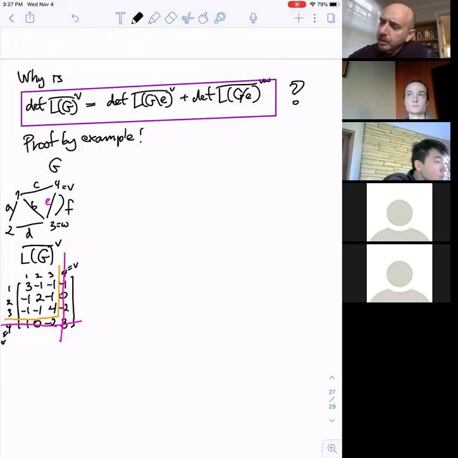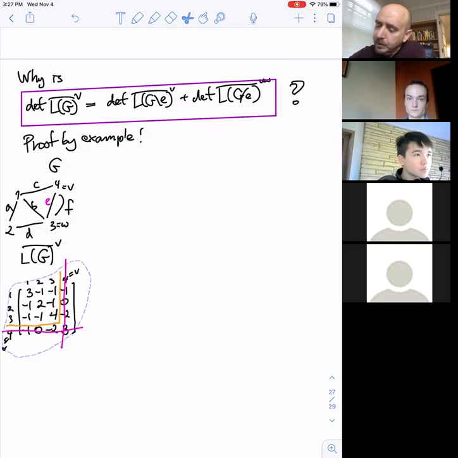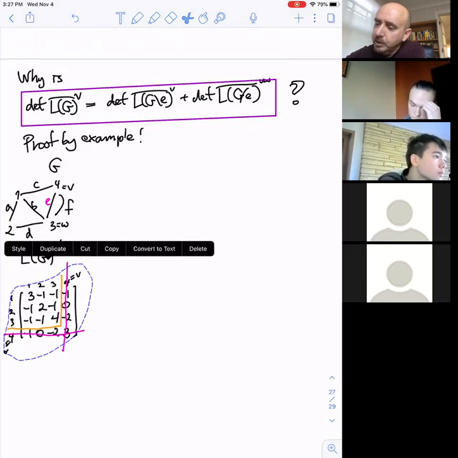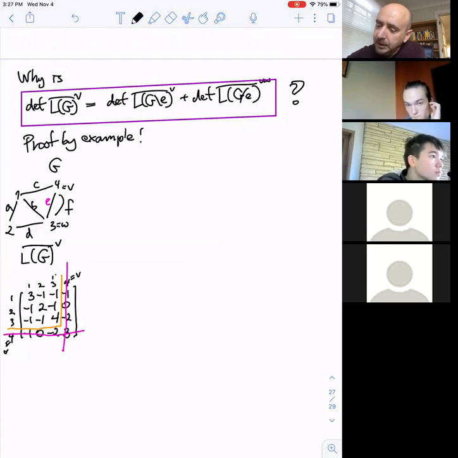But I was actually smart enough when I did this. Okay, I guess because I had it in my notes. Let me steal this matrix here. I was smart enough to put the W in the second to last column. Not that it matters. You can label it however you feel like.